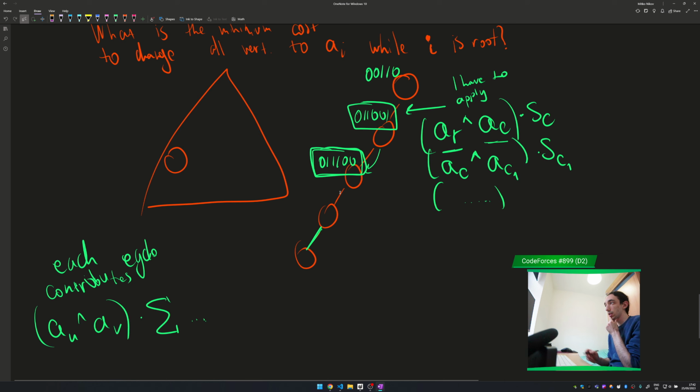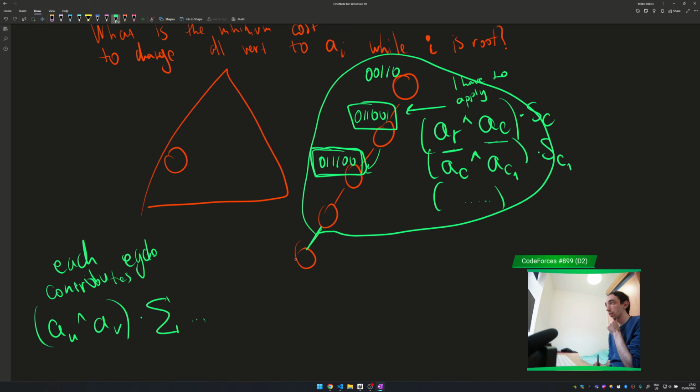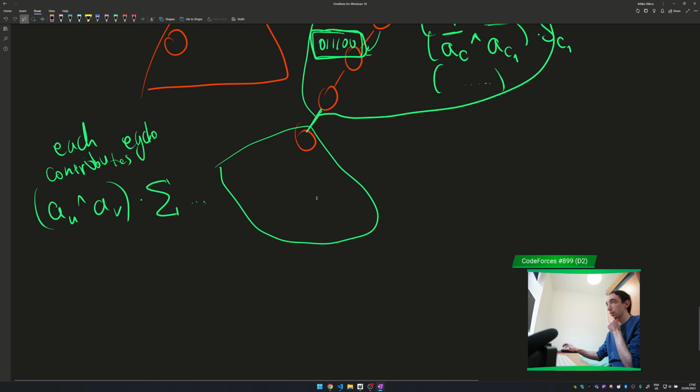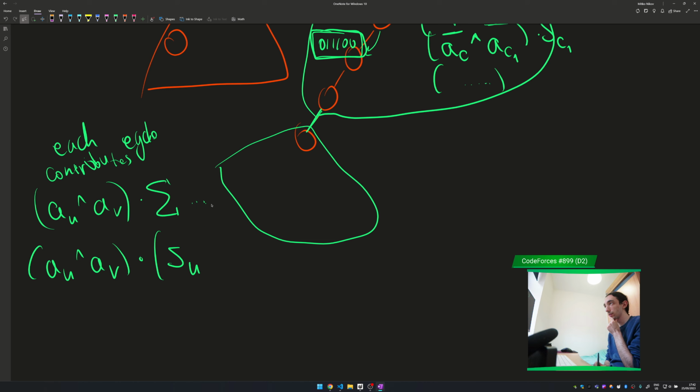Okay, so some trees will have this subtree. So there's some subtree, so each edge will contribute (u, v) times the size of the subtree u times how many trees will have this subtree.